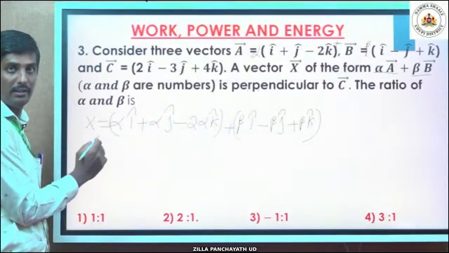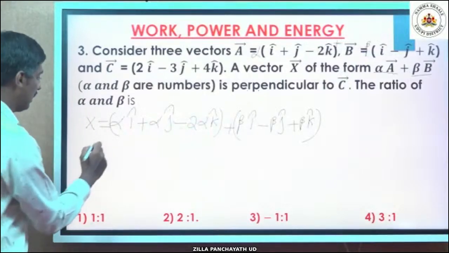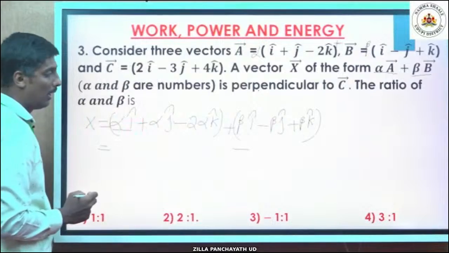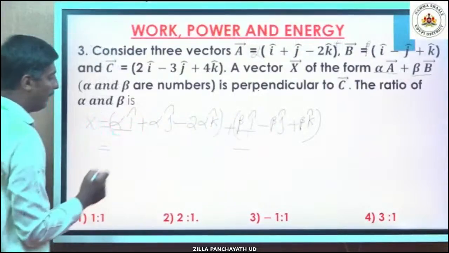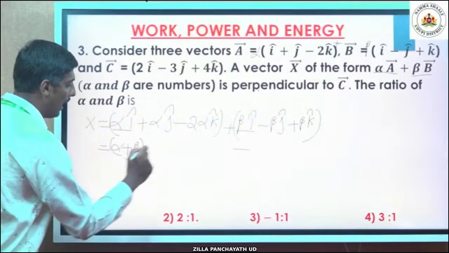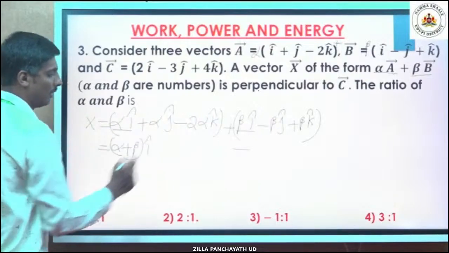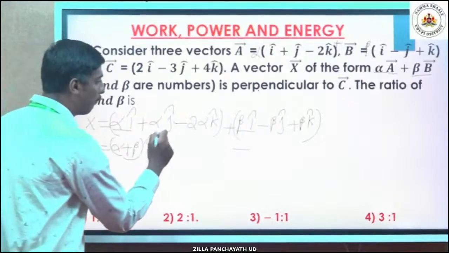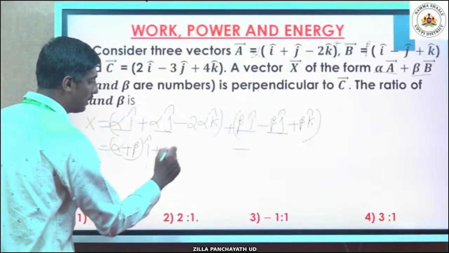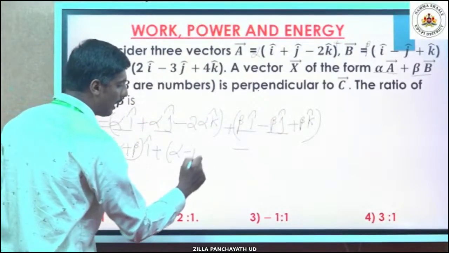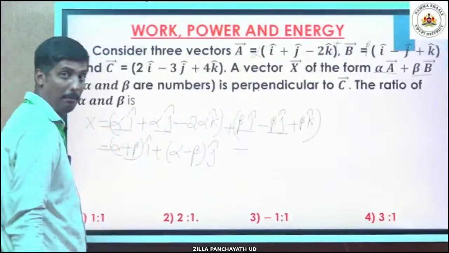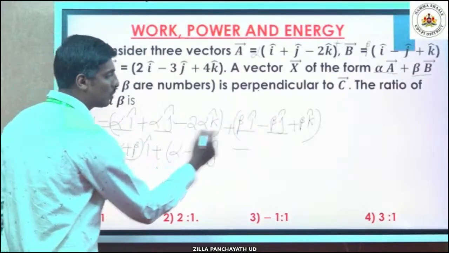Now I simplify this. I'll make it a single vector. This is equal to, see, alpha I cap plus beta I cap. I can take alpha and beta common, so alpha plus beta into I cap. Next, alpha J cap minus beta J cap. Again, I can take J cap common, so plus alpha minus beta times J cap. Next, minus 2 alpha plus beta.